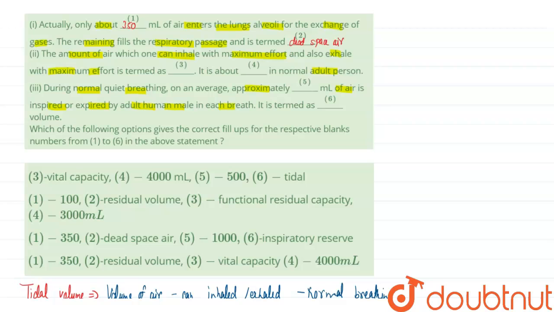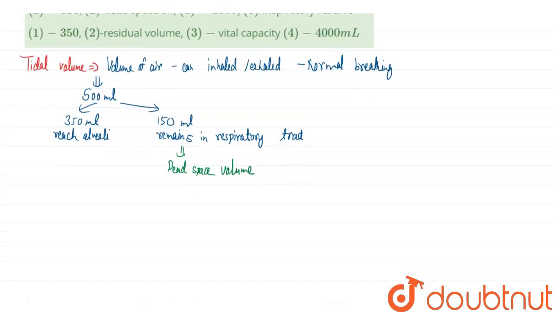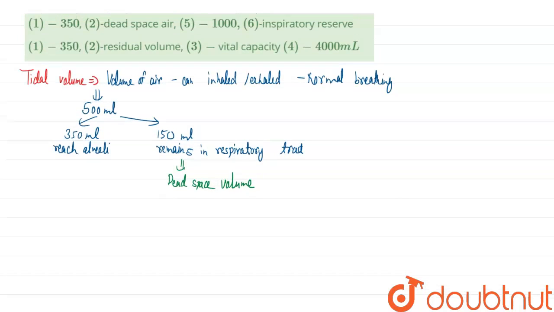If we are talking about our second statement, that is the amount of air which can be inhaled with maximum effort as well as exhaled with maximum effort, this will be termed as the vital capacity, which can be simply denoted by VC. Vital capacity is the maximum volume of air that can be inspired after a forceful expiration.